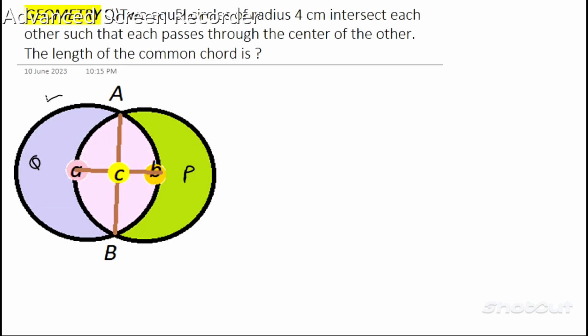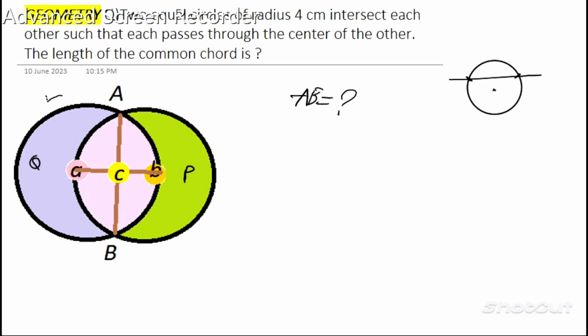What we're supposed to find is the length of AB. Alright, so we need to find AB. That is the common chord. And just in case you don't know what a chord is, let's take any circle and any line that passes through the circle and cuts it at 2 points on its circumference.